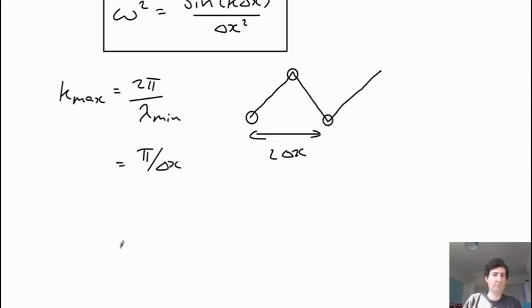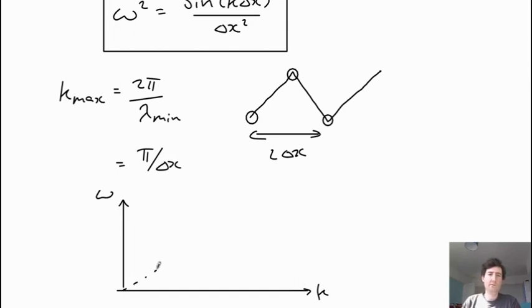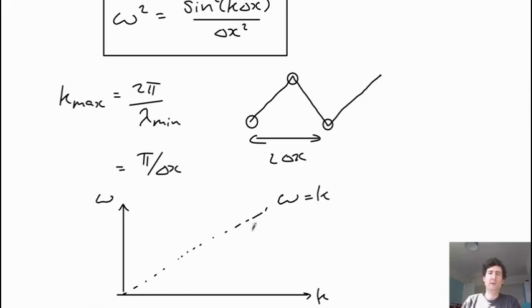And so let's plot what this looks like. So this is k, this is omega. The analytic solution, I said, was just omega is equal to k. Which is clearly not what this equation is.